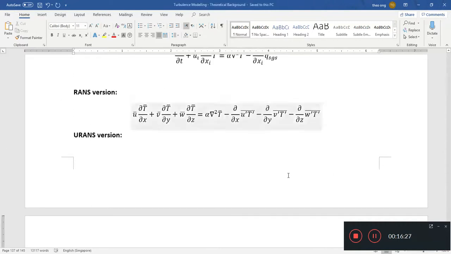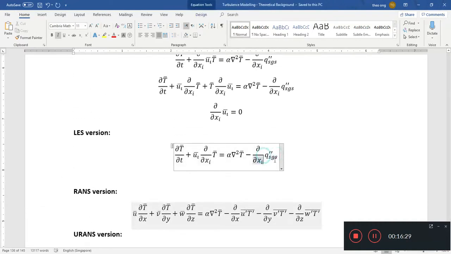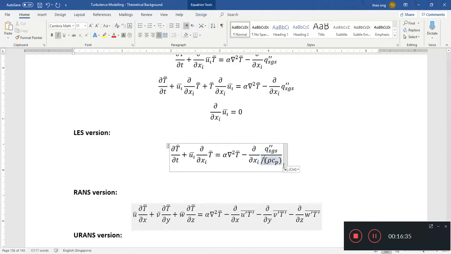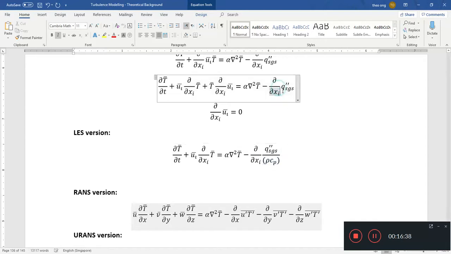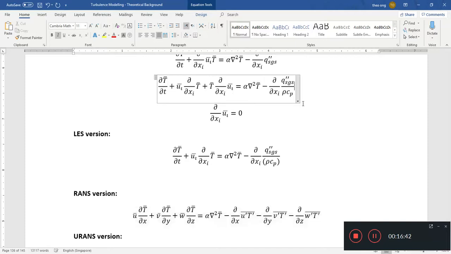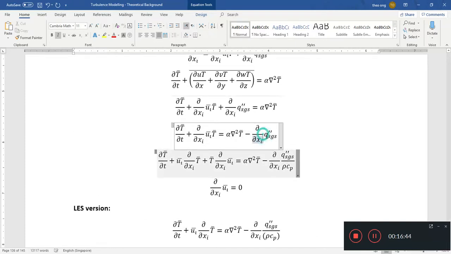I think that should settle the units. But okay, this is more or less the same thing, where I'm trying to say this thing is actually modeled by some kind of subgrid conduction term.